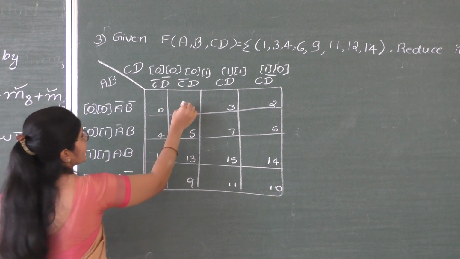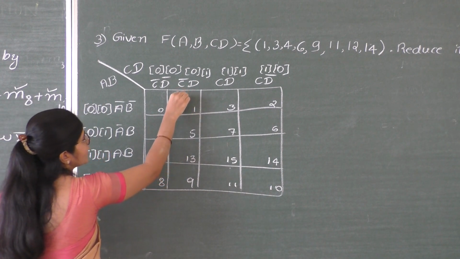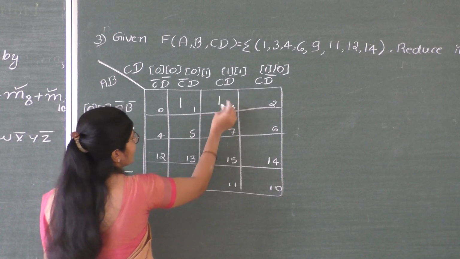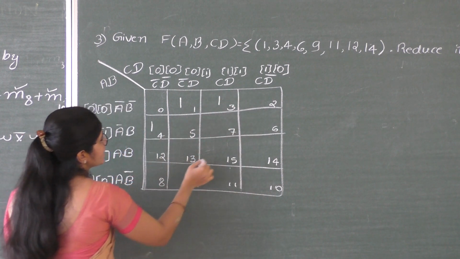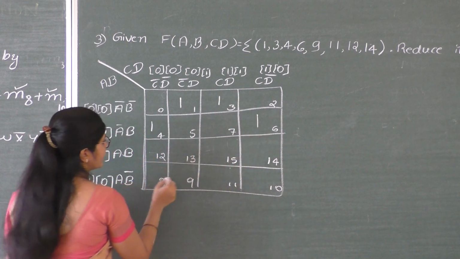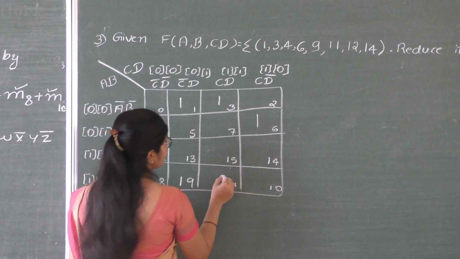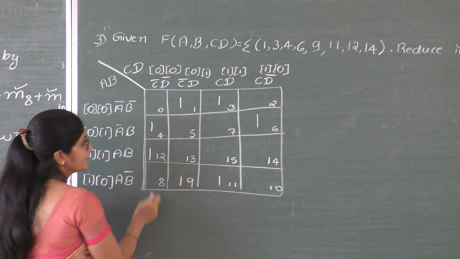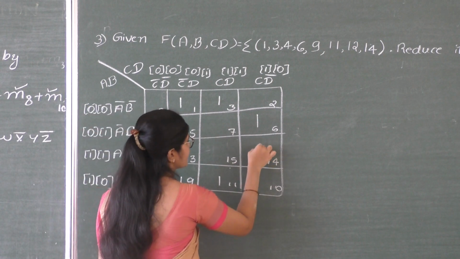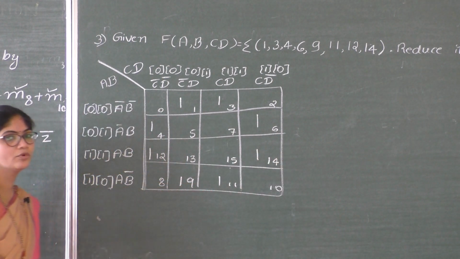So first square, third square, fourth square, sixth square, ninth square, 11th square, 12th square and 14th square are having the output 1.